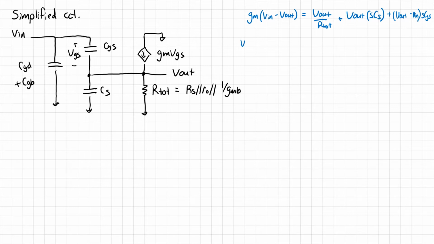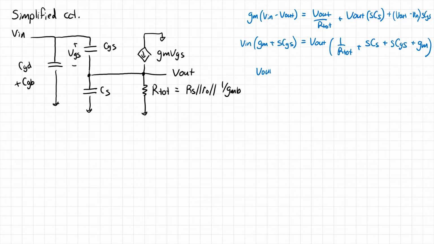So we can now go ahead and collect terms. Vin on one side, that would be GM plus SCGS, on the left side, is equal to Vout times 1 over R tot plus SCS plus SCGS plus GM. Okay, so now we just take the ratio of both sides.